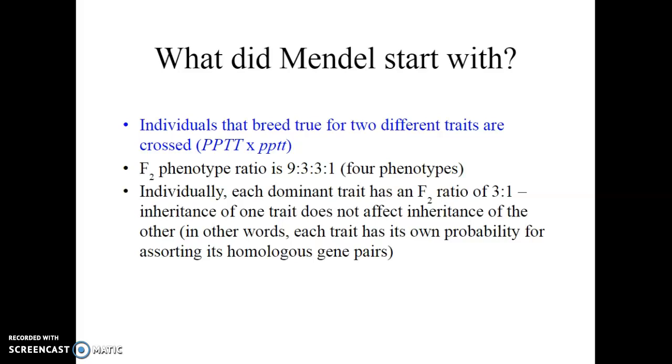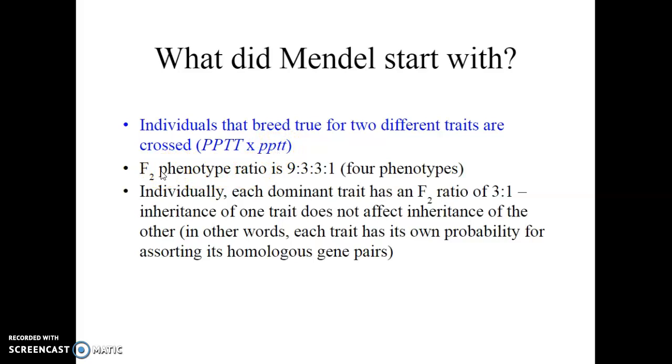So the height gene, this is the tall allele. And the others were recessive for both trait variations. And so instead of purple flowers, they had the recessive white, little p, and little t, so they were all short plants.